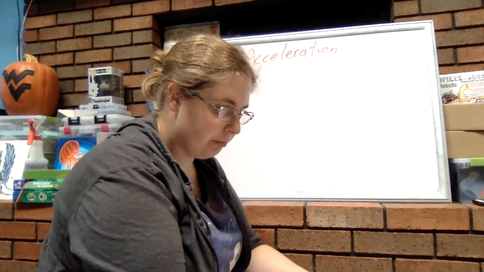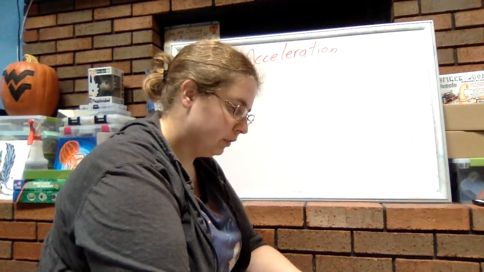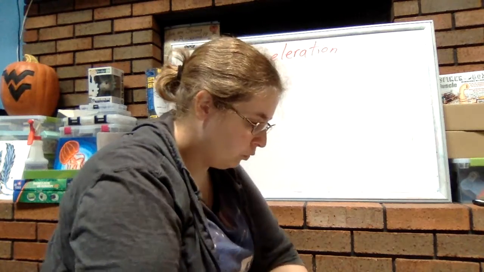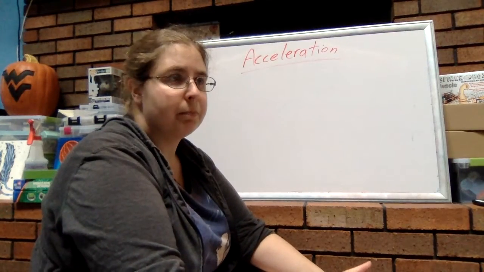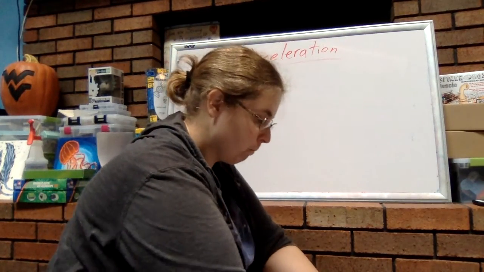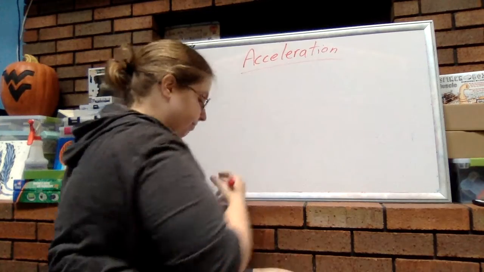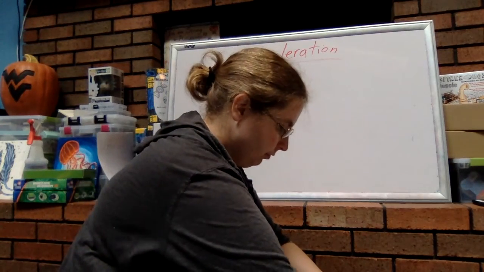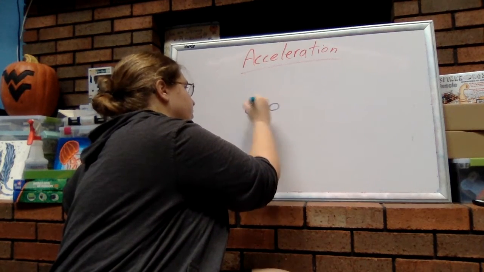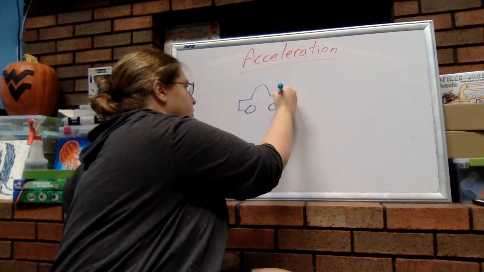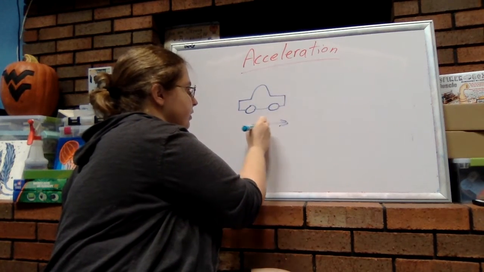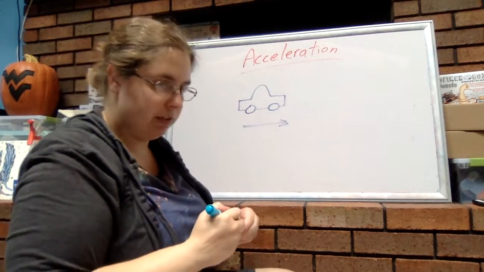Let's talk about position time graphs. Now, first of all, going back to acceleration, just like before, it can be positive or negative. And all that means is the direction that the acceleration is occurring in. So if we have a car, and it is moving forward and it speeds up.